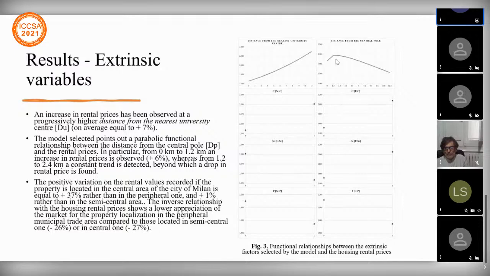And in particular, there's some distance written here for this different appreciation. And also there is a specific appreciation for the houses rented near the university.